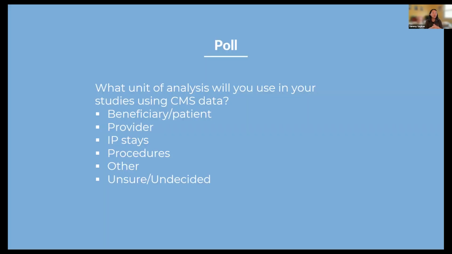So let's go ahead and do a poll, get your brain juices going after lunch. What unit of analysis will you use in your studies using CMS data? Are you thinking beneficiary, patient, provider, and so forth? I'll give you a little bit of time to fill this out.